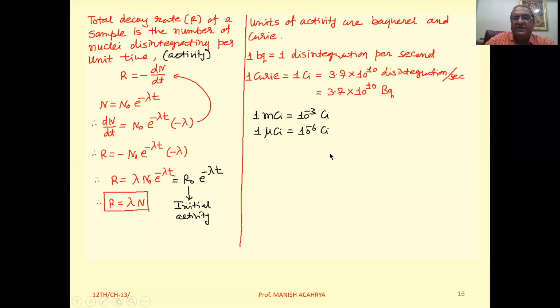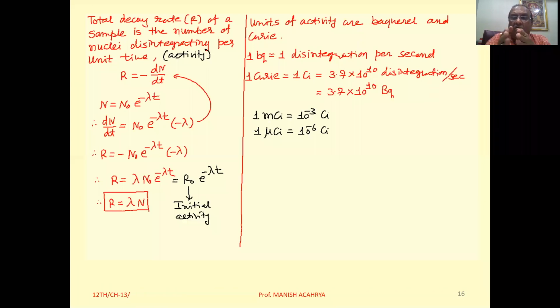Now suppose the decay rate we represent by capital R. Then the total decay rate R of the sample is nothing but the number of nuclei disintegrated per unit time, as we already discussed, or per second.